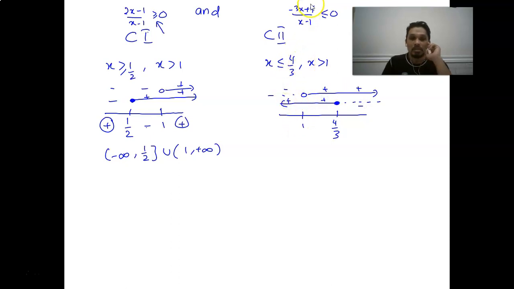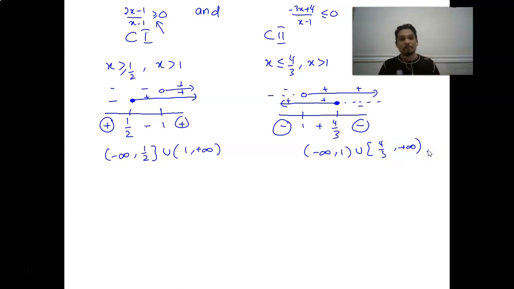So, multiply, divide by positive and negative between these two, it gives you negative, positive, and negative. So the whole fraction here is less than or equal, less than is a negative value. So, take this one here now and this. So the solution set for case number 2 is from negative infinity until 1 union 4 over 3 to positive infinity.